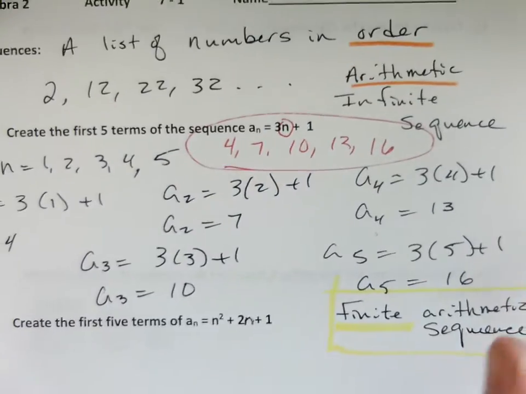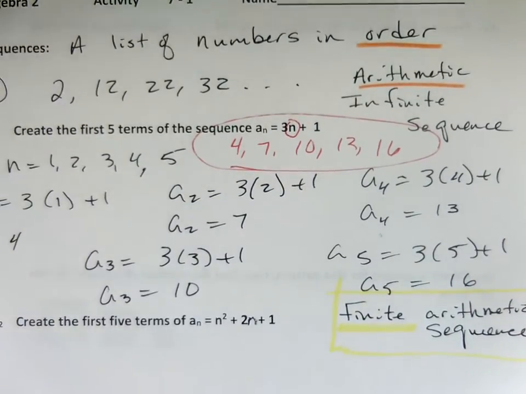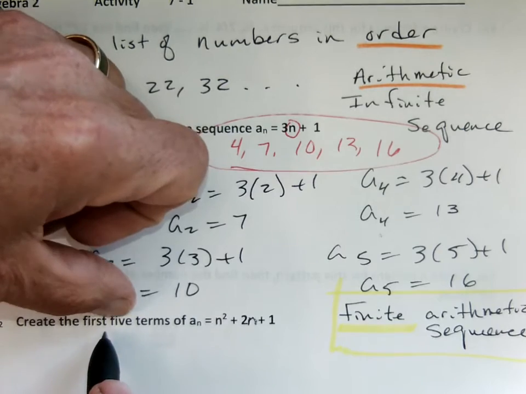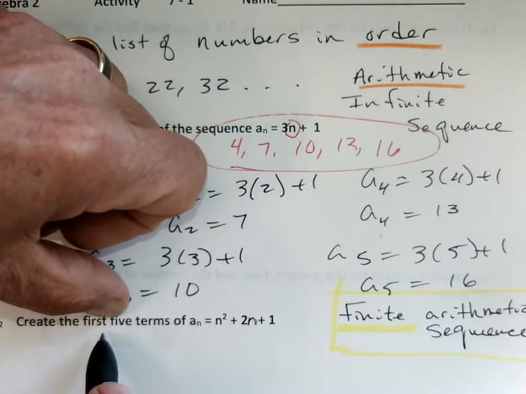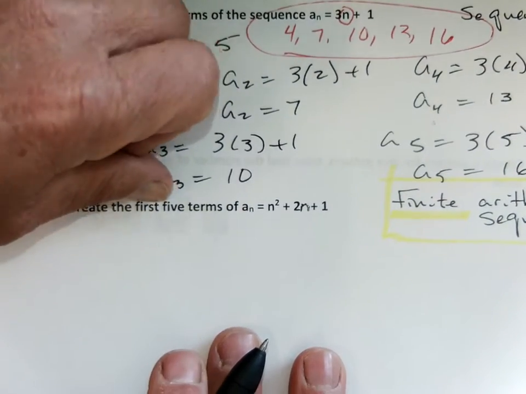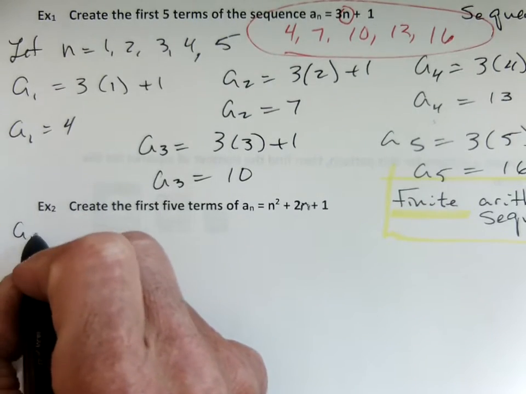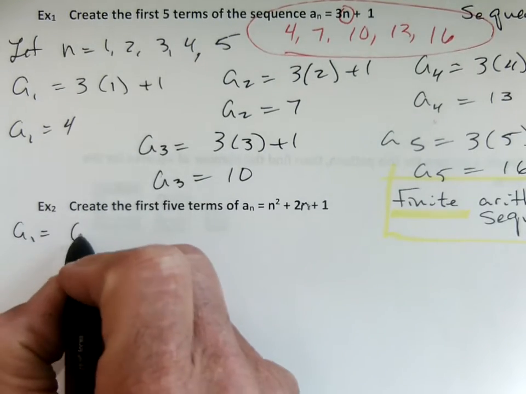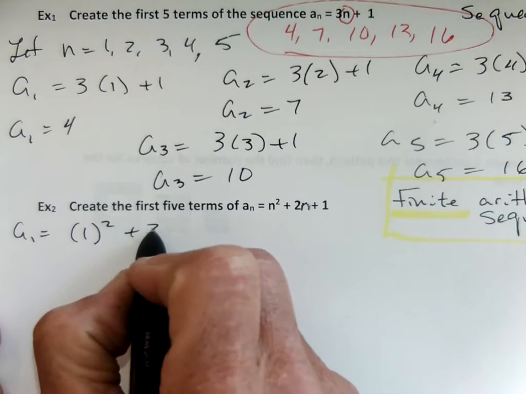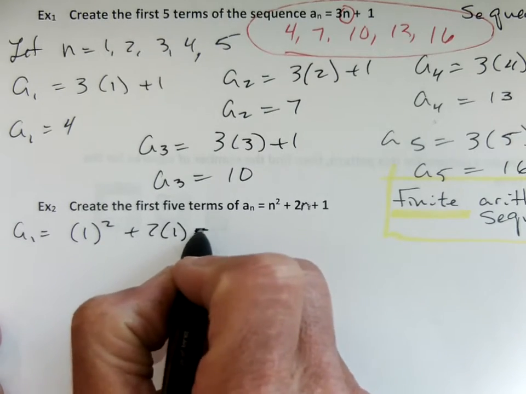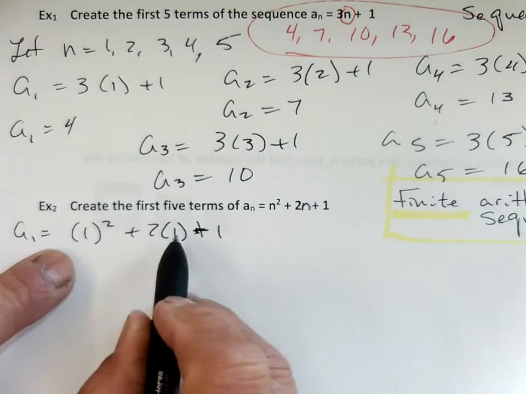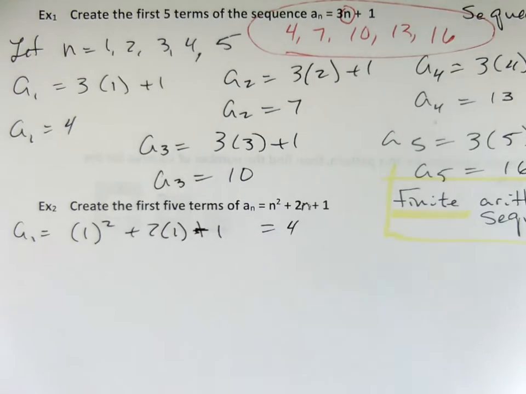So in our notes, if we go into the first 5 terms, then I can plug in 1, then 2, then 3, then 4, then 5, right? So A1 for us would be plug in 1. I'd have 1 squared plus 2 times 1 plus 1 makes, let's see, 1, 2, 4, right? A1 is 4.